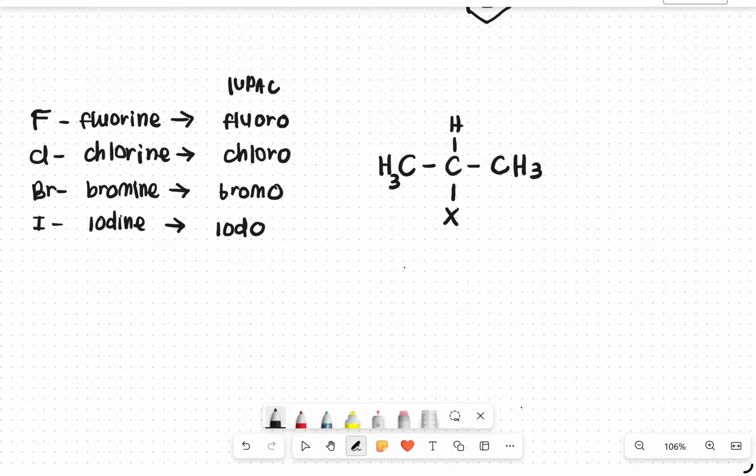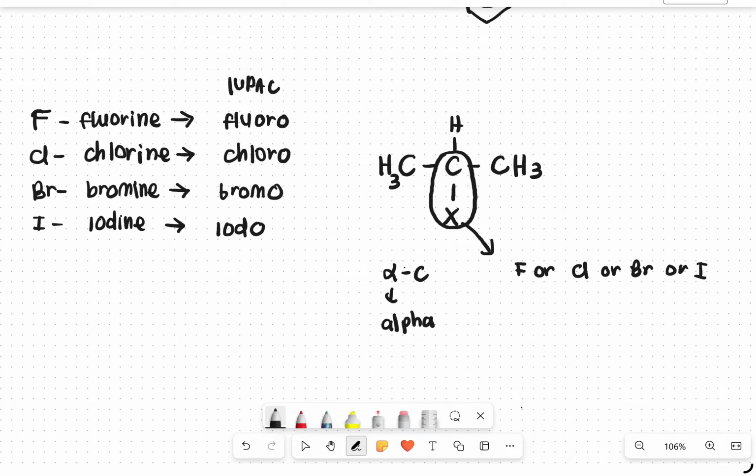The carbon that is attached directly to the halogen X, which can be either F or Cl or Br or I, so make sure you know it can be any halogen, we call the alpha carbon. So this is alpha carbon.